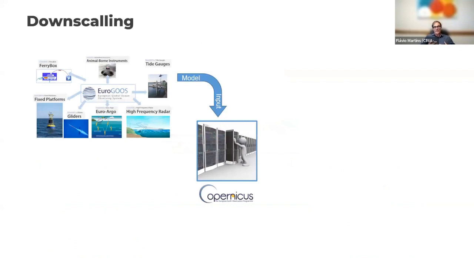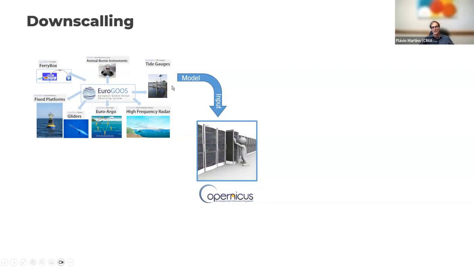Okay, so basically we have now observations, and I'm putting here this picture of EuroGOOS, where you know EuroGOOS is the European system for ocean observation, where we have observations from many sources, from buoys, from gliders, from Argo buoys, tide gauges, ferry boxes, high-frequency radars, and even animal-borne instruments.